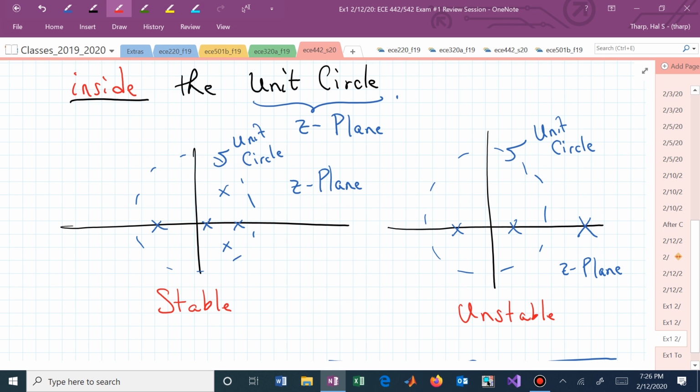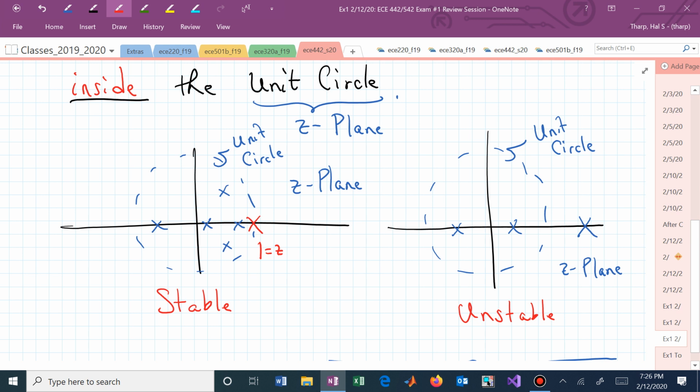If I actually put a pole here at 1, is that system bounded input, bounded output stable?